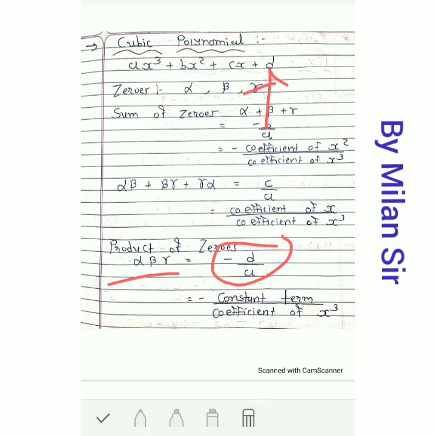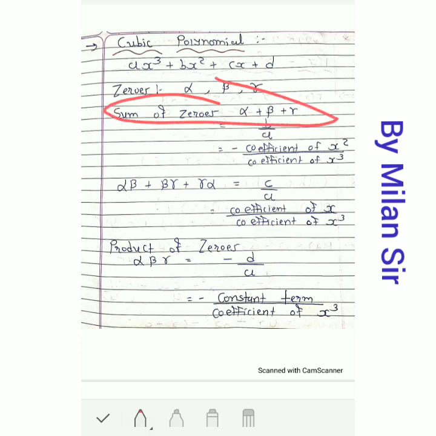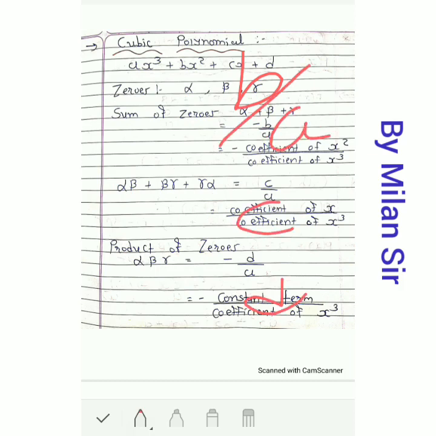Now if you remember this sequence, that means sum of zeros, then sum of products, and then product of zeros, then you can remember this formula easily. That means write down b, c and d alternately in sequence, divide by a, with signs minus, plus, minus.